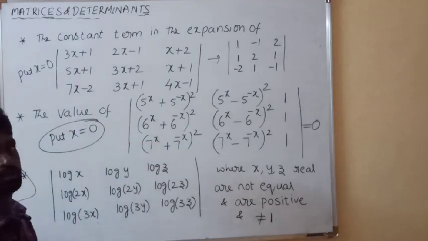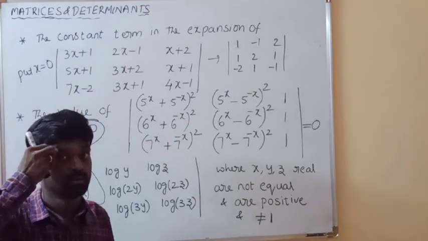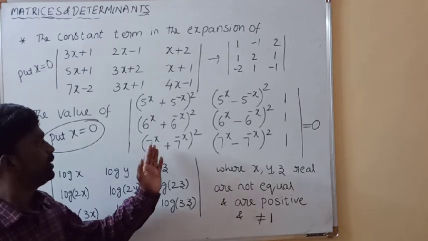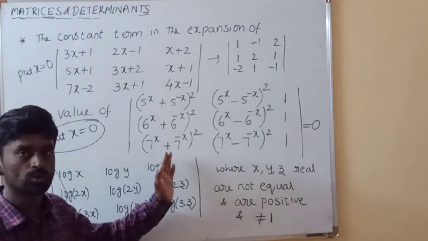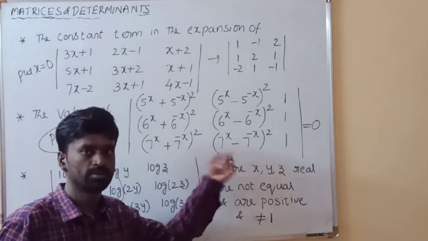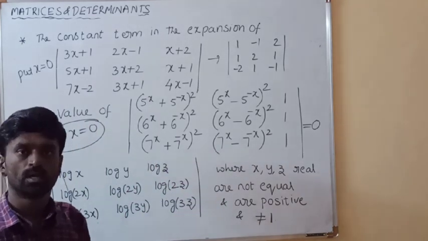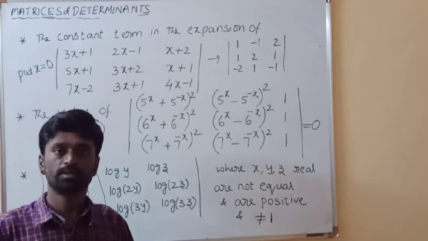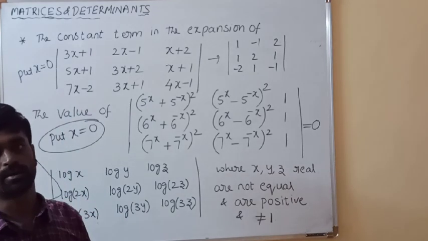Suppose you want the other method, you do one thing. You apply the operation C1 goes to C1 minus C2, column 1 goes to column 1 minus column 2, and use a plus b whole square minus a minus b whole square is 4ab.